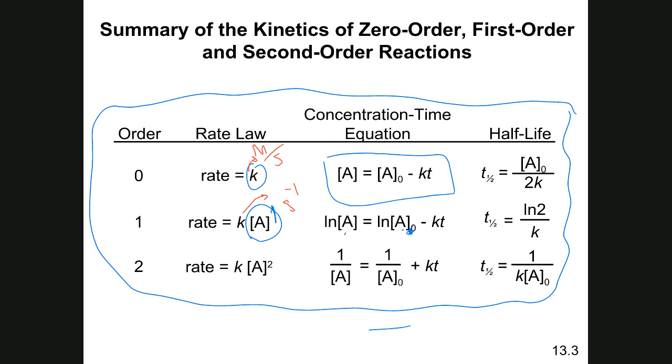And then for second order, it's going to be 1 over molarity per second, because 1 over molarity per second is going to cancel with this in order to come up with molarity per second. So molarity over second, changing concentration over time, that's the unit for rate.